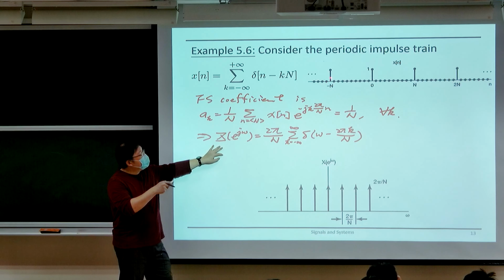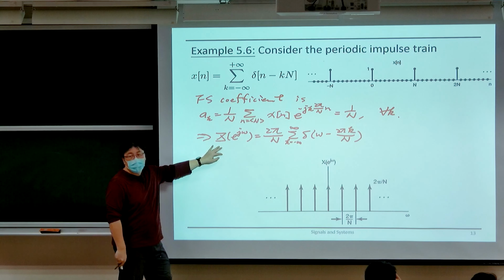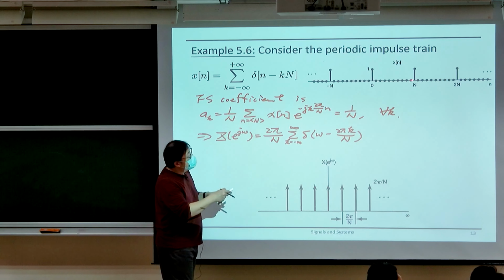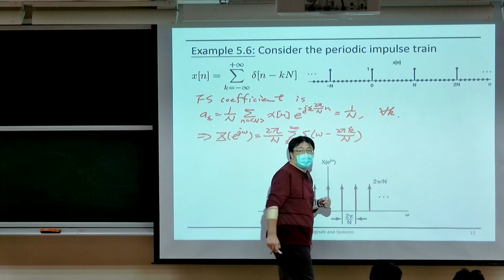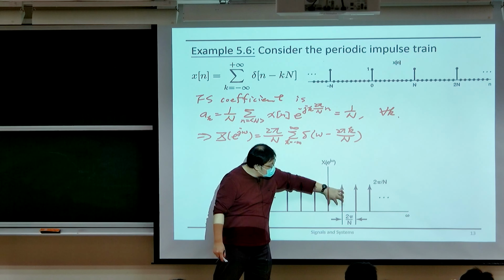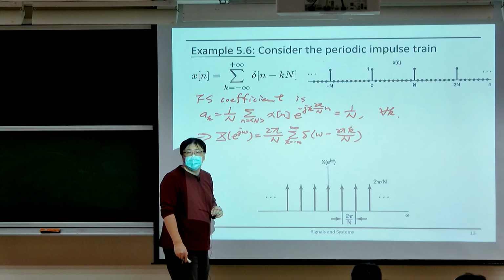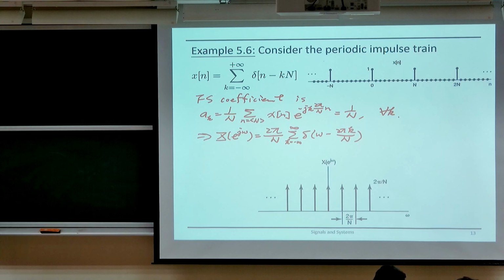So if the periodic impulse train is separated by capital N, the period is capital N, then in the frequency domain, these impulses are separated by 2 pi over capital N. So if you increase capital N, if you separate the two impulses, then you will have closer and closer samples in the frequency domain, and vice versa if you reduce capital N.